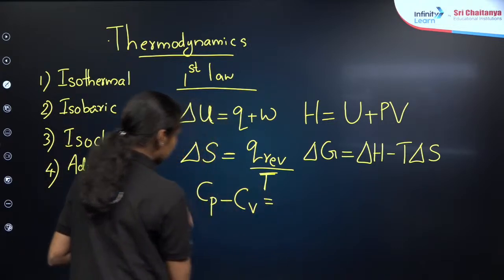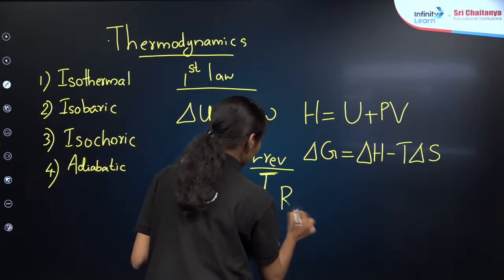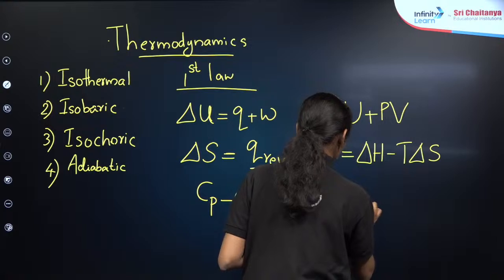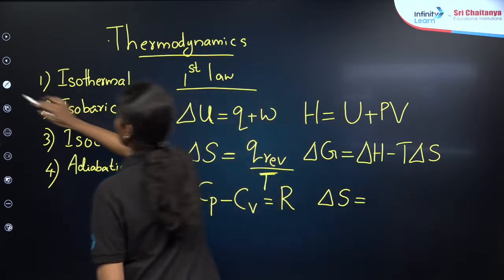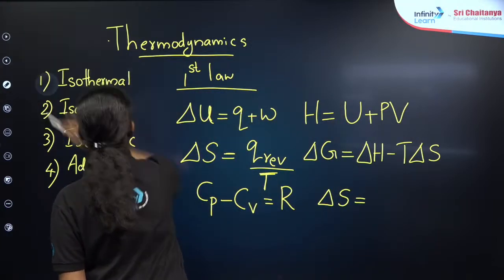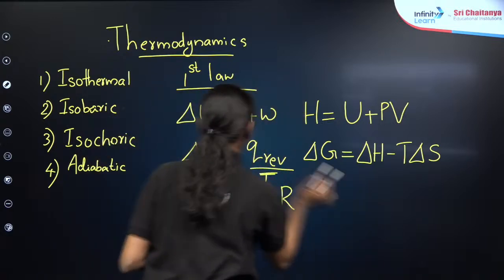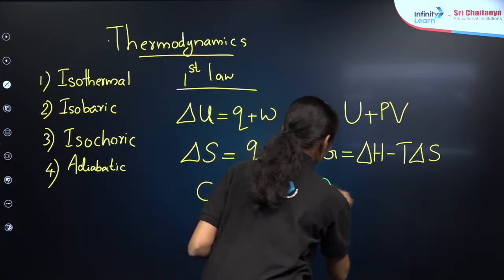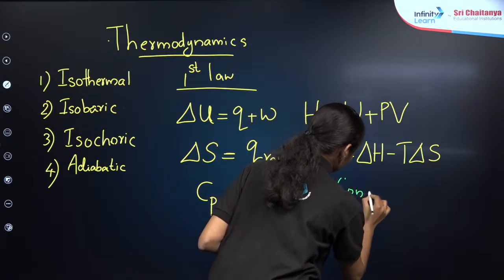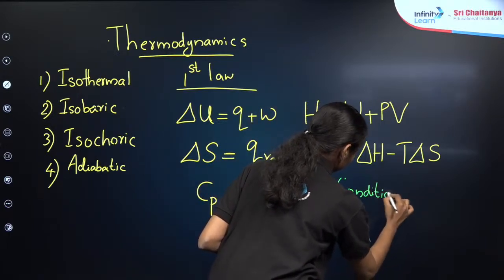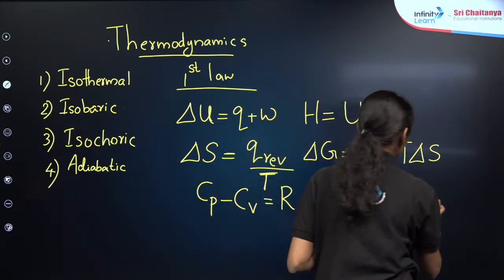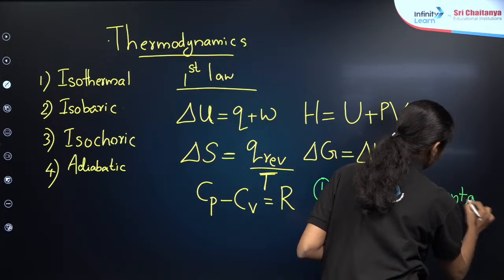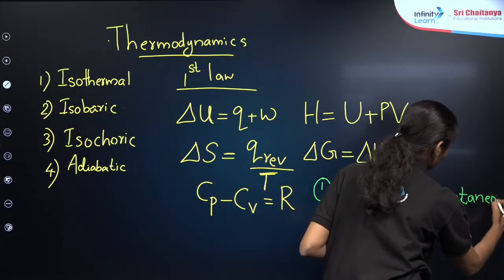You take Mayer's relation here, that is Cp minus Cv is equal to R. And finally, we reach the condition for a spontaneous process.